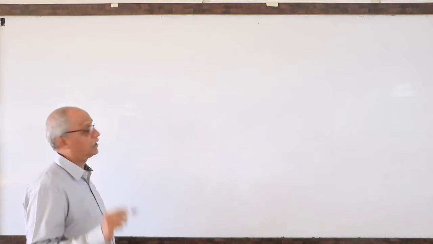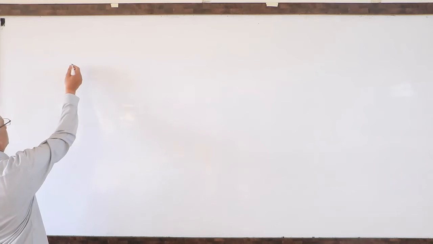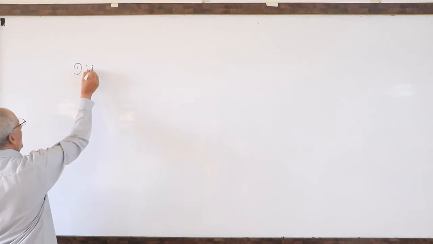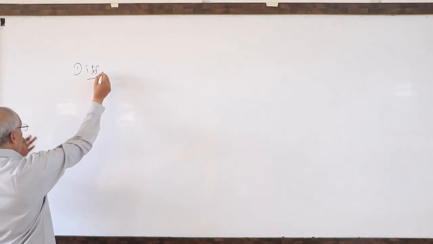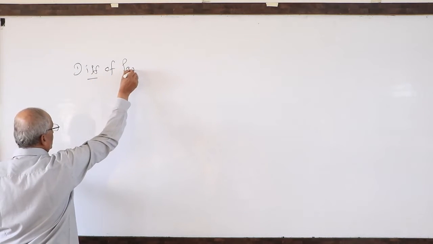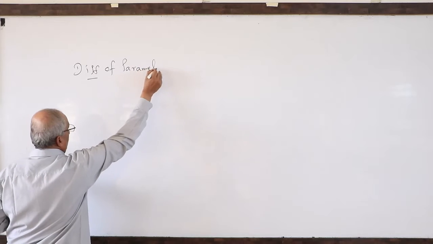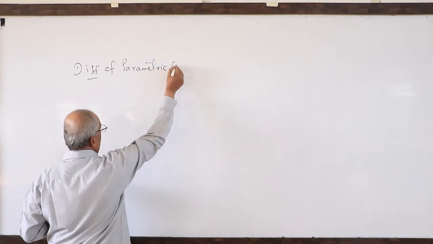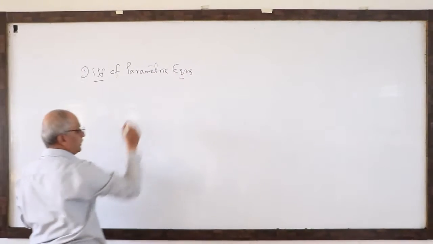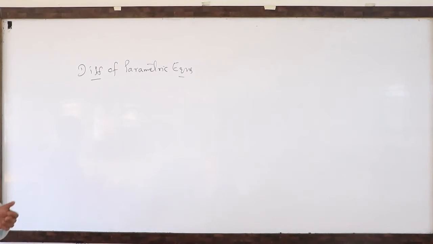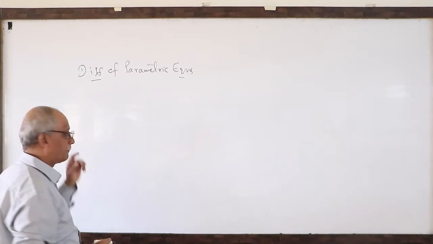Just to start writing. Now, differentiation of parametric equations. That means parametric differentiation. Indirectly, it is like the chain rule only.